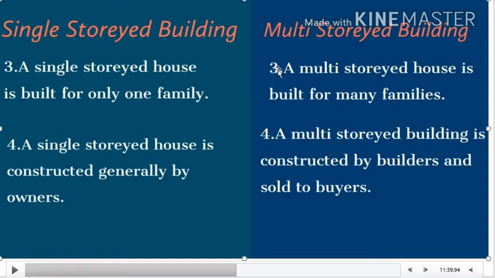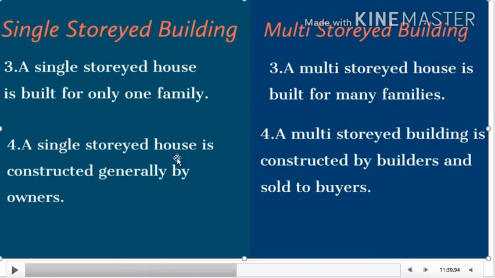And a multi-storied house is built for many families. In India especially, we have joint families. You have your paternal uncle's family, your paternal aunt's family. So there are different families living at a single place. There multi-storied is very much useful.